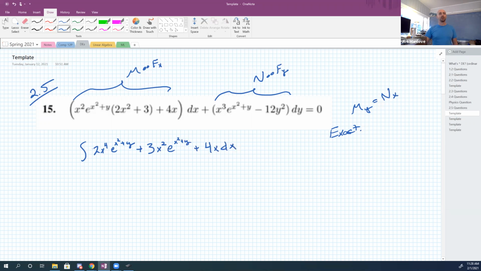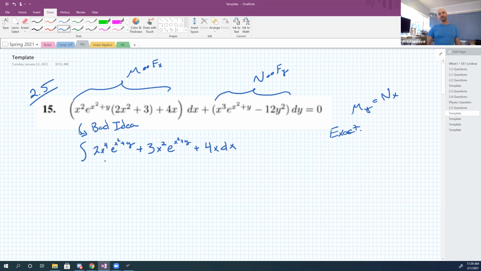And I need to integrate all this dx. Bad idea. Do the other one. You should be doing the other one, not this one. But which one? That's right, the other one.